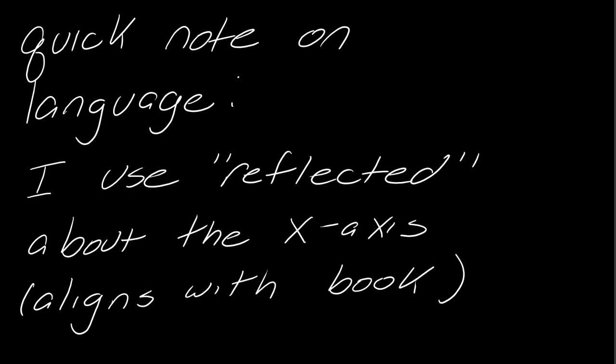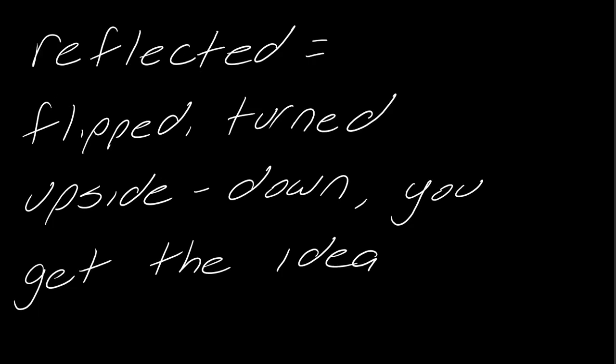Really, what I mean when I say reflected about the x-axis is that the graph is flipped or turned upside down. You get the idea. I have taken that language just because of the book that I'm using. It's not technically mathematically precise, but I think for our purposes it'll be okay. So just a caveat there.